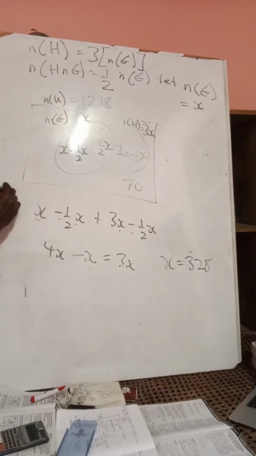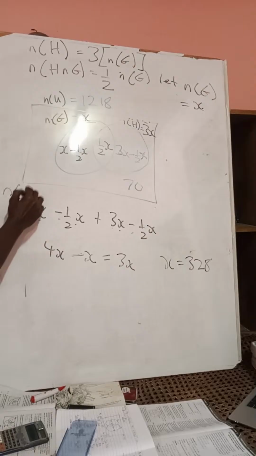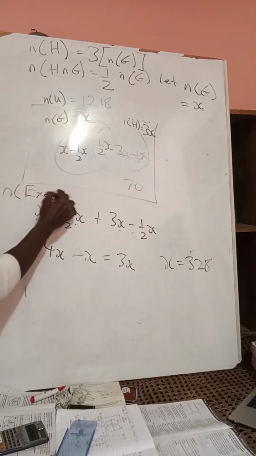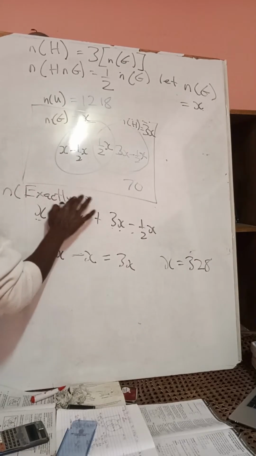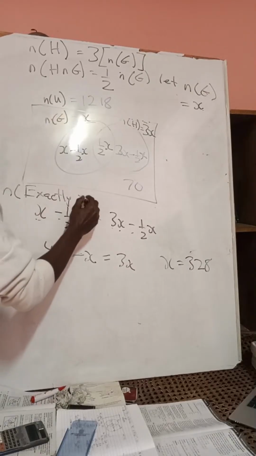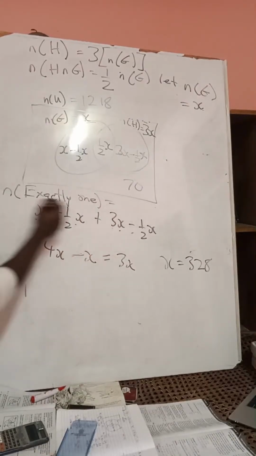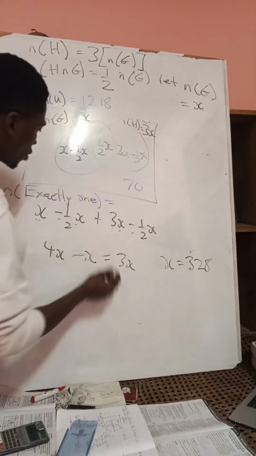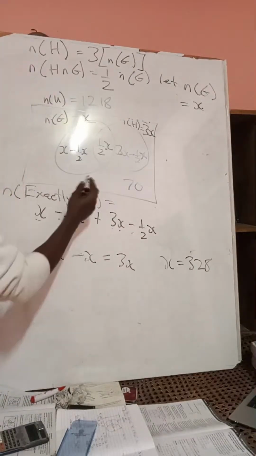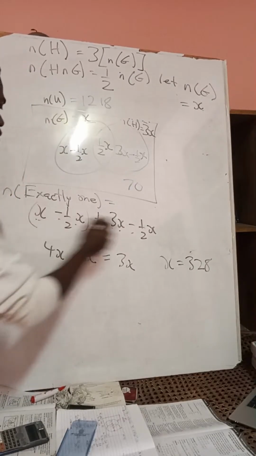Please note that before you answer anything, exactly 1 means you can say n into bracket exactly 1 equals, then you solve it. You can group this one too.